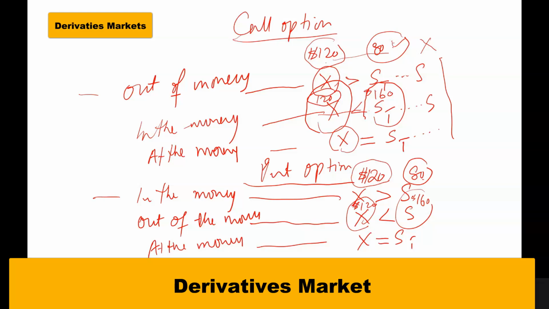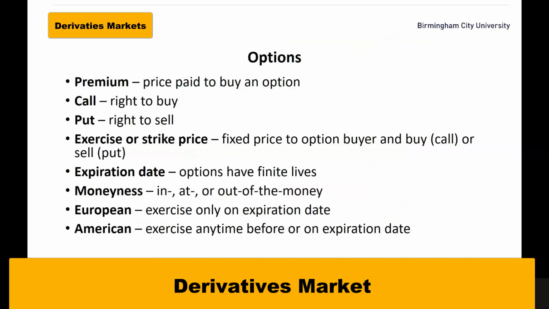Now, remember, what we are talking about here is an important concept of moneyness. This important concept of moneyness is quite relevant. We will be doing option pricing next week, where we will learn that the price of an option, call option or put option, is a combination of two factors.